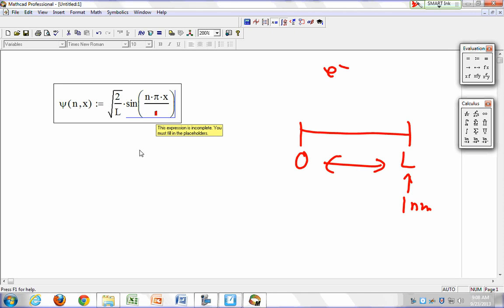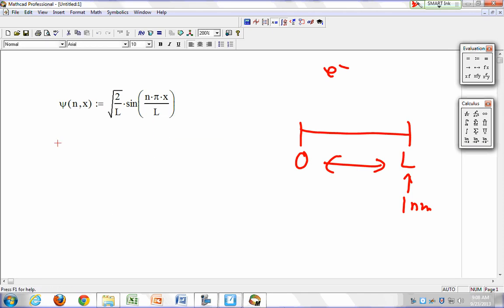And the function of time, what was it? So the function of time for the nth eigenfunction is going to be equal to, you remember, e raised to the power negative i E t over h bar, right? The way you enter i in Mathcad is you type 1i.